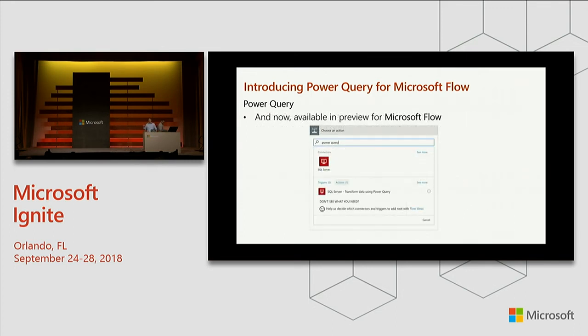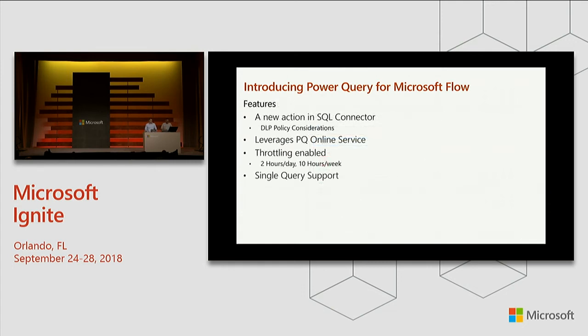So as of this week, we're announcing a preview of Power Query for Microsoft Flow. And this is available on top of the SQL connector. Now, in terms of why the SQL connector, there's a few things that we need to take care of. One is data loss prevention policies. So DLP is there to enforce which connectors you can use within a single flow or a single Power App.